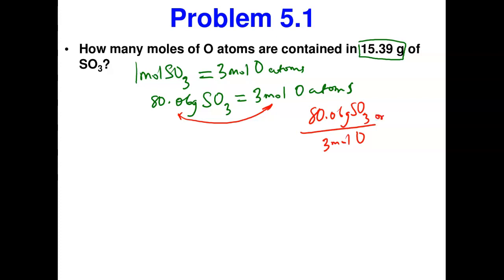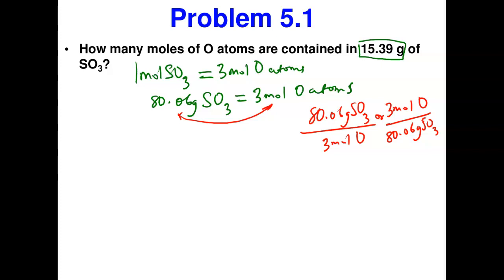Or I can say 3 moles of oxygen divided by 80.06 grams of sulfur trioxide. That is what we have. We can use any of those 2 conversion factors to do the work.